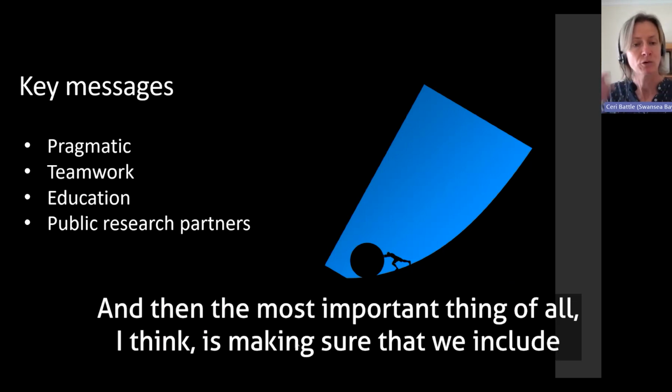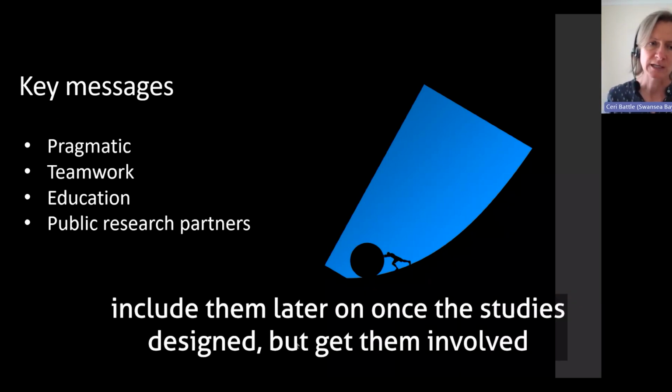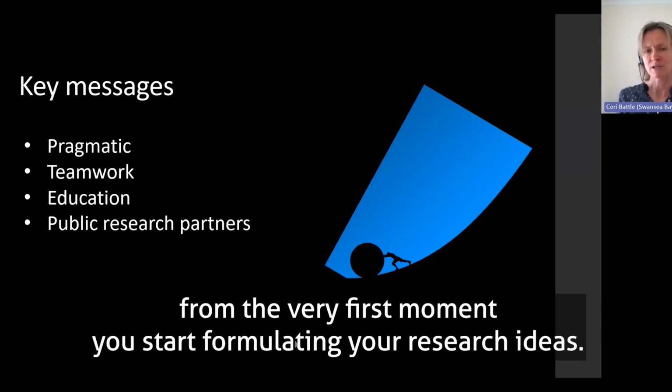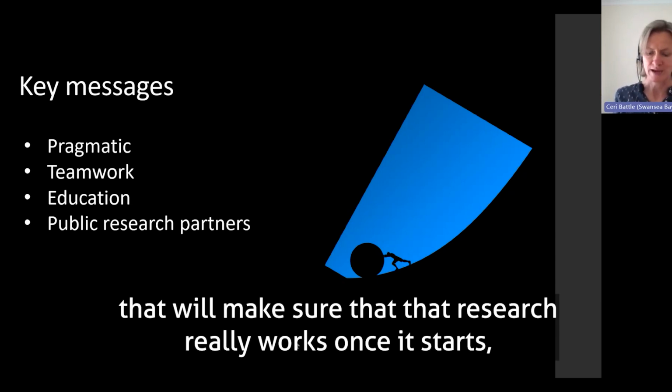And then the most important thing of all, I think, is making sure that we include our public research partners from the outset. Don't include them late on once the study's designed, but get them involved from the very first moment you start formulating your research ideas. Because they're the people that will make sure that research really works once it starts.